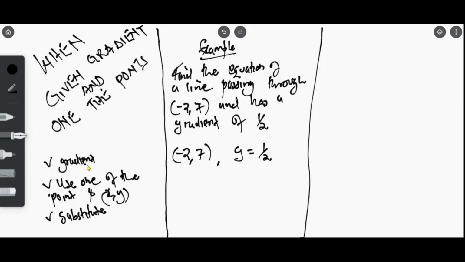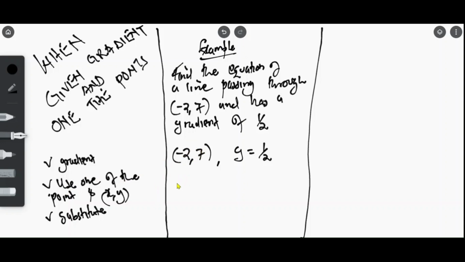Now, this means the first step has been done for me. Already they have given me the gradient. So I'll directly go to the second step, and here I don't have to select 2 points. I will only use the point that I have here.